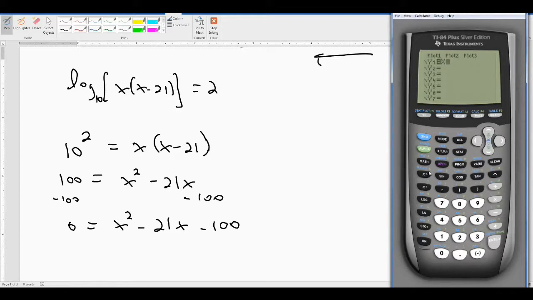Let's graph x squared minus 21x minus 100 and graph. Oh, my window's messed up, so I'm waiting for it to stop graphing. I'm going to hit zoom 6, which fixes my window. So it looks like it crosses the x-axis maybe more than once. If I hit zoom fit, let's see if I can find the other one.